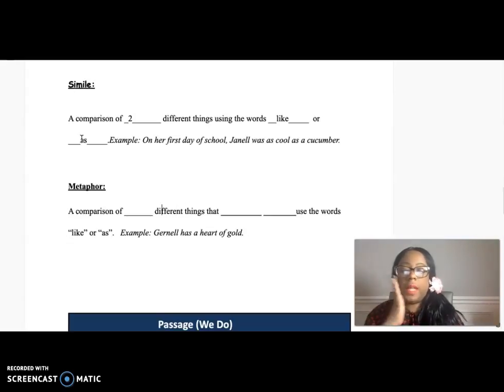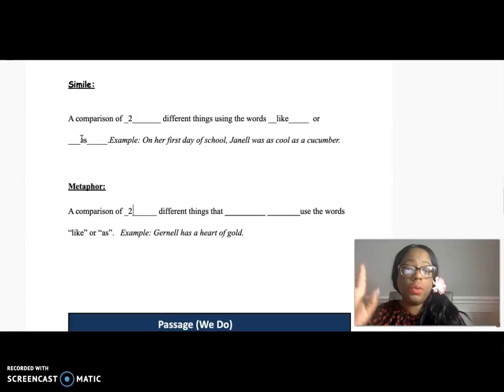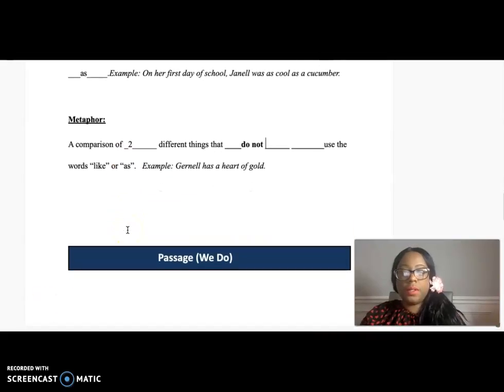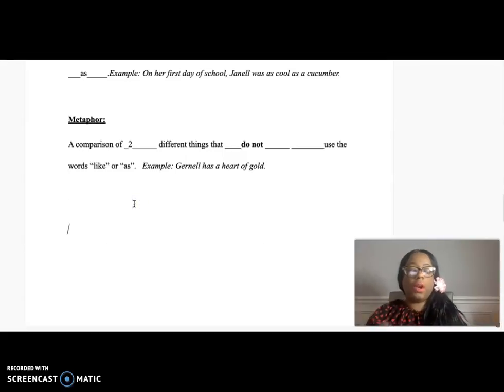Now, when we move down to metaphor, a metaphor is a comparison of 2 different things that do not use the words like or as. So here's our example. Janelle has a heart of gold. They're comparing her heart to gold.